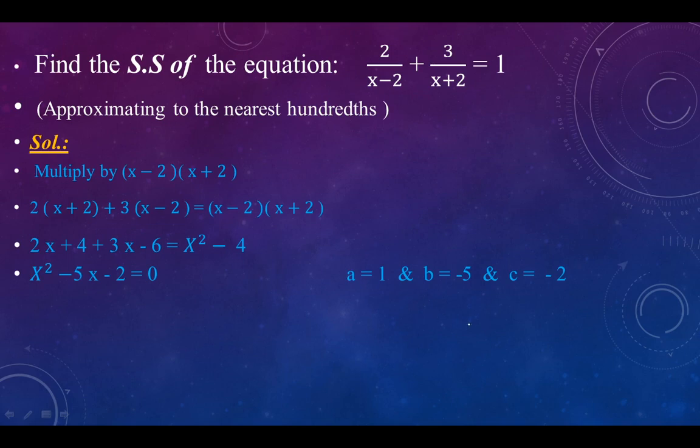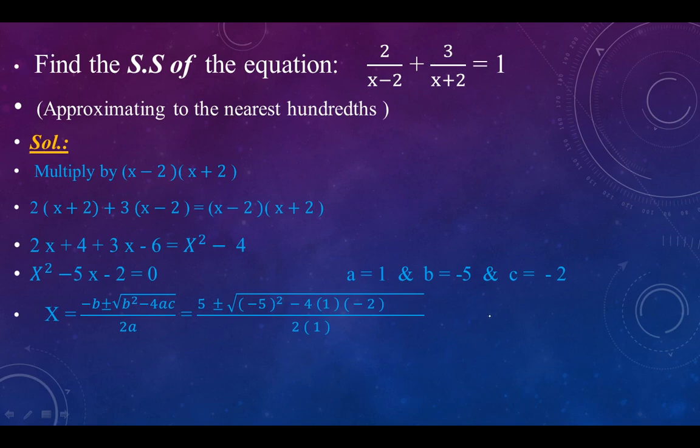By using the general formula, very easy. Negative b will be equal to 5, b power 2, negative 5 power 2 equals 25. Then negative 4ac, negative 4 times a equals 1 times c equals negative 2. All of this over 2a, 2 multiplied by 1 equals 2.